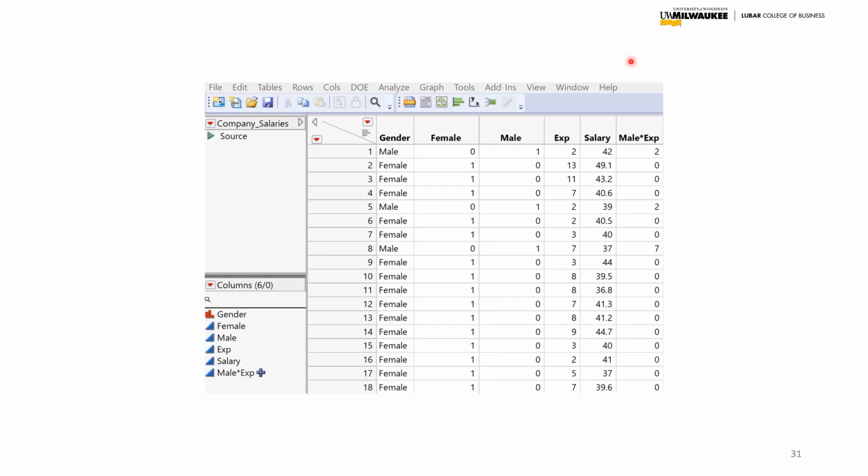After that, we will find a column which I named male times experience, but the rows indeed are the multiplication of the male column times the experience column. For example, 1 times 2 in row 1 equals 2. The next row is 0 times 13 is 0, and so on. This is what I want to introduce to my regression.